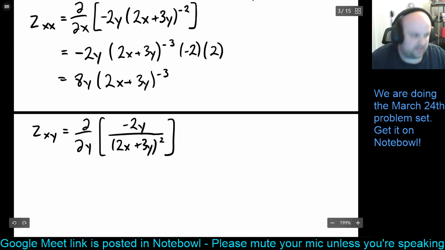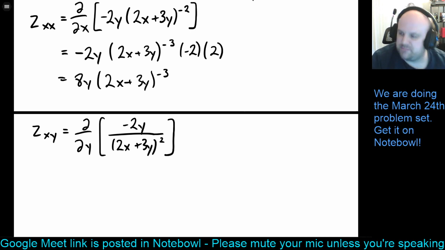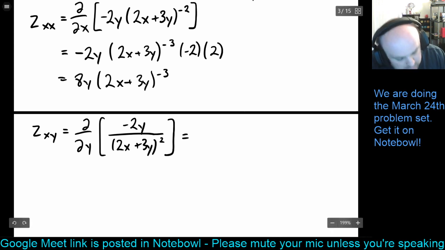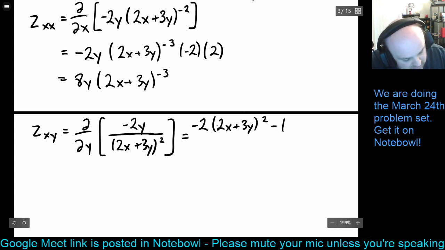So I'm going to use the quotient rule here. That seems to be probably the best option. The derivative of the top is negative 2 times the bottom, which is 2x plus 3y. And then minus the top times the derivative of the bottom.